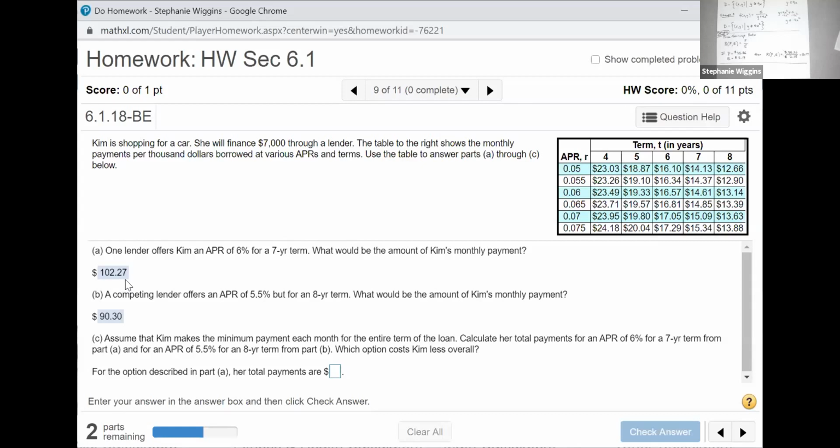So you're going to multiply that by 84 and you're going to get an answer. Then you're going to take this one. She's got an 8-year term, so that's 96 months, and you're going to multiply 90.3 times 96, and then you're going to compare your answers, because it asks you which option costs Kim less overall, and so you're going to be comparing those two values. But I'll let you go ahead and do that.